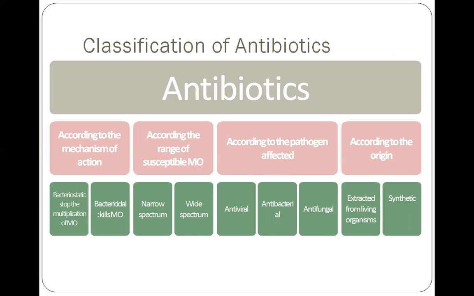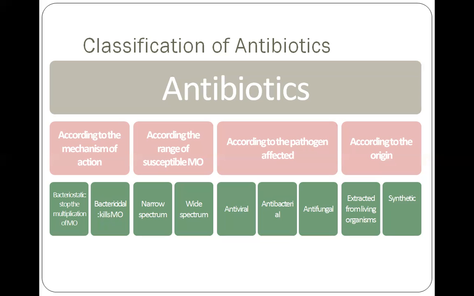For example, according to the mechanism of action, we can classify antibiotics into bacteriostatic, which means that this type of agent will stop the multiplication of microorganisms but not kill them, or bactericidal, which means killing microorganisms in different ways, either by suppressing the synthesis of proteins or DNA, etc. According to the range of susceptible microorganisms, we can classify antibiotics into narrow spectrum, which acts on a very limited number of species of bacteria or microorganisms, or wide spectrum.